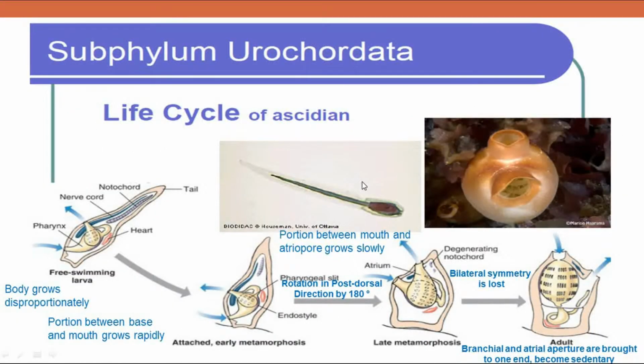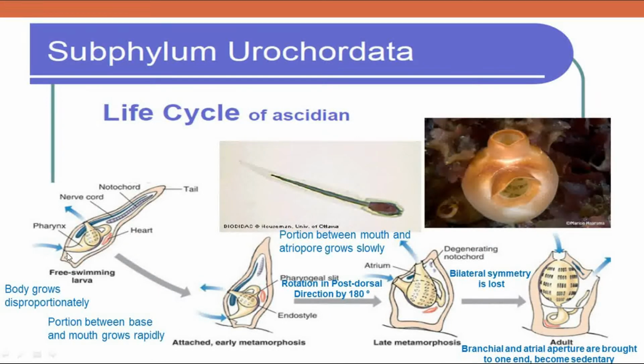Let's see the retrogressive metamorphosis of the Ascidian tadpole larva in detail. This is an Ascidian tadpole larva. The first point is the body grows disproportionately. What is meant by a disproportionate growth? The total body grows in size, but the growth may not be proportionate in all parts. Here, for example, the portion between the base and mouth grows rapidly.